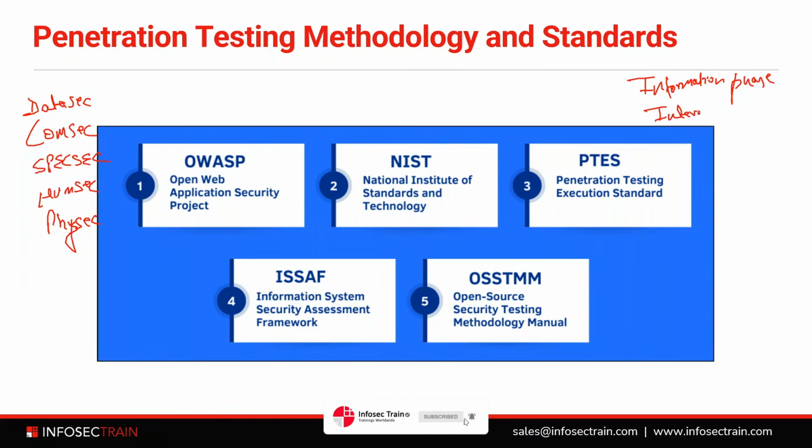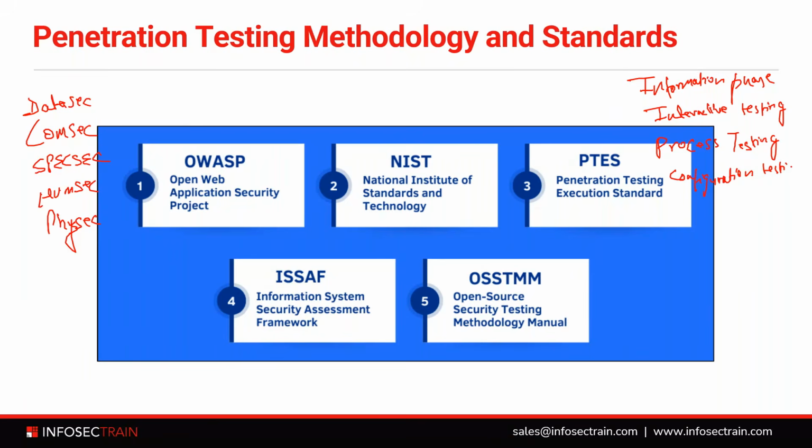Then interactive testing, actively test controls, authentication, access mechanism, process testing, evaluate security awareness, incident handling, and operational workflows, right? Then configuration testing, assess patching, hardening, and system setup, right? Whatever configurations are there, if there are any misconfiguration vulnerabilities present.